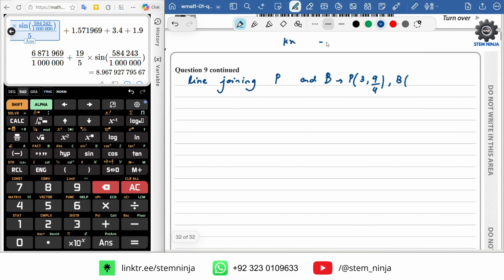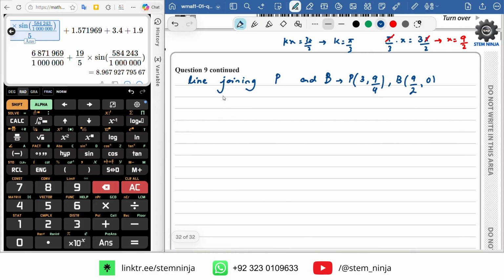K itself is pi by 3. So kx is 3 pi by 2, which means pi by 3 times some x is 3 pi by 2. So pi cancels, and x is 9 over 2. So this is your 9 over 2, 0.